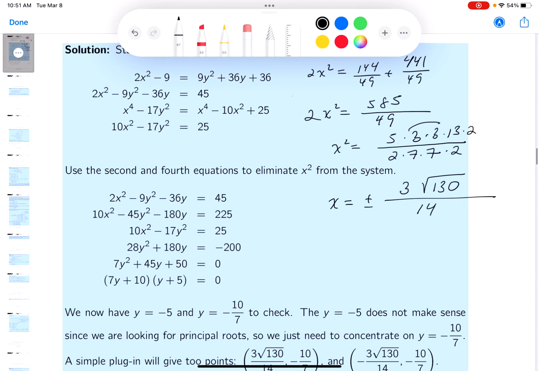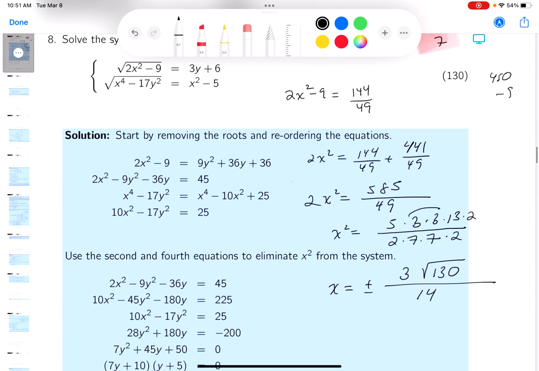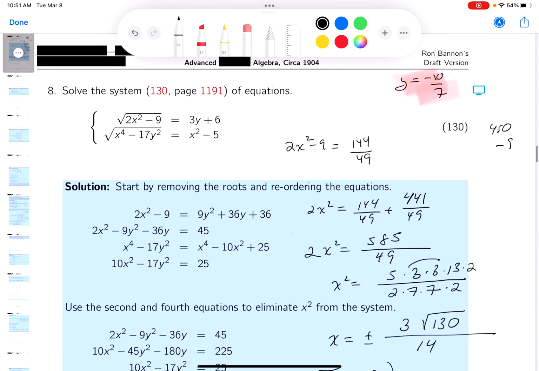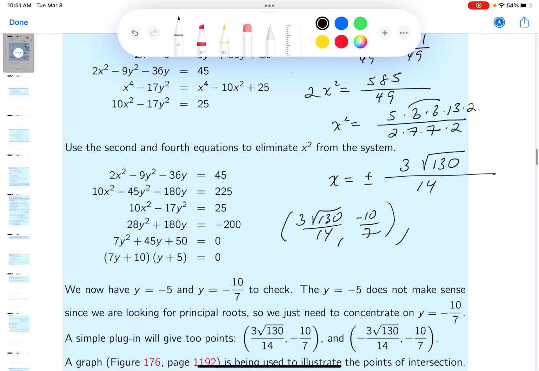All right, I think I got an answer now. So we're going to get 3 root 130 over 14 minus 10 sevenths. That's what we used, right? Yep. And the other one's going to be minus 3 root 130 over 14 minus 10 sevenths.